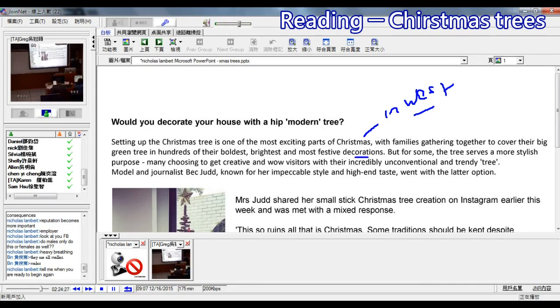This is young families. But for some, the tree serves a more stylish purpose. Many choose even to get creative and wow visitors with their incredibly unconventional and trendy trees. Model and journalist Beck Judd, known for impeccable style and high-end taste, went with the latter option.